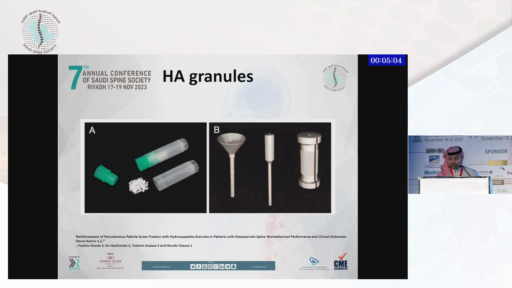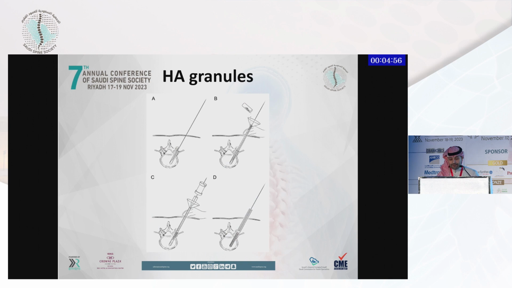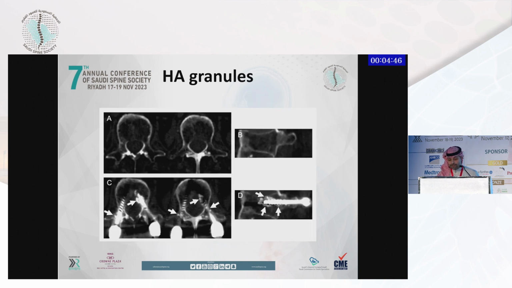Hydroxyapatite granules, I've seen few papers, nothing much in the literature, but the technique described is using funnels. You can cannulate the pedicle, do your tap, and then use the funnel to impact those HA granules, and then insert the pedicle screw after that. And this is a CT illustration showing the bone ingrowth around that pedicle screw.